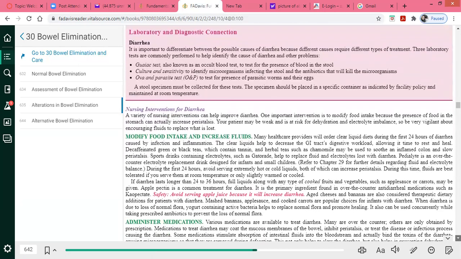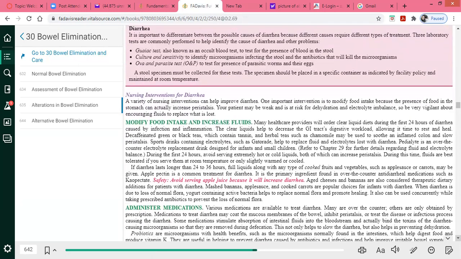I'm thinking this patient may be at risk for weakness due to the diarrhea, which may cause dehydration. The patient may be at risk for electrolyte imbalance, where they're losing a lot of electrolytes. The body is not able to absorb much due to the diarrhea.